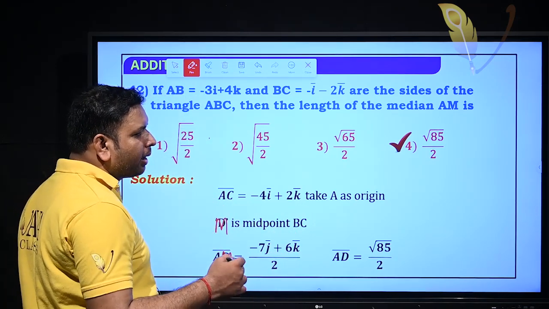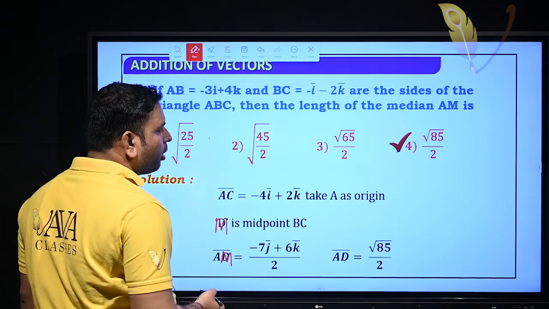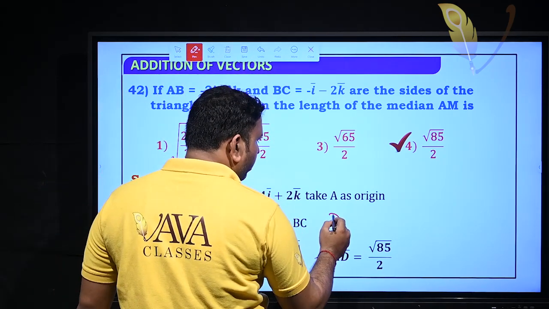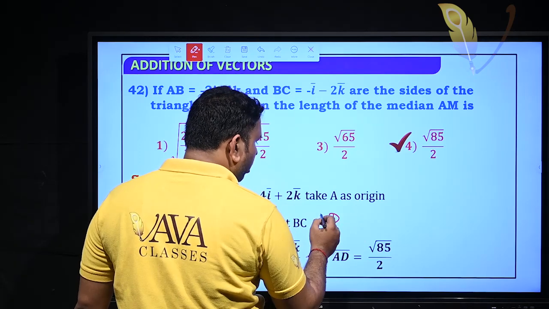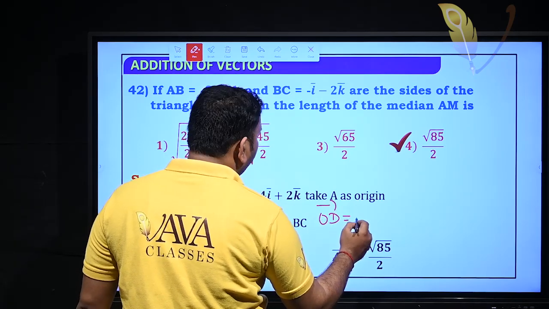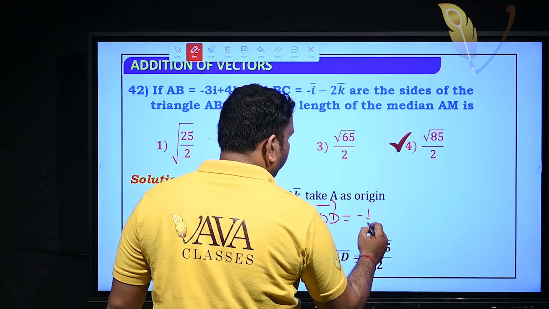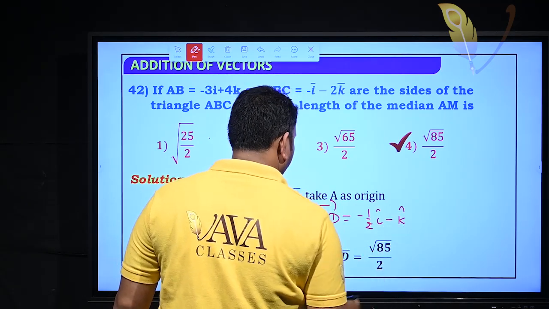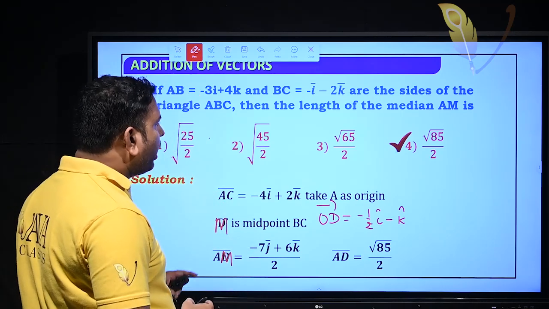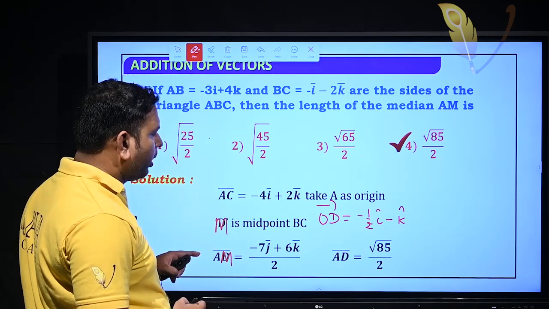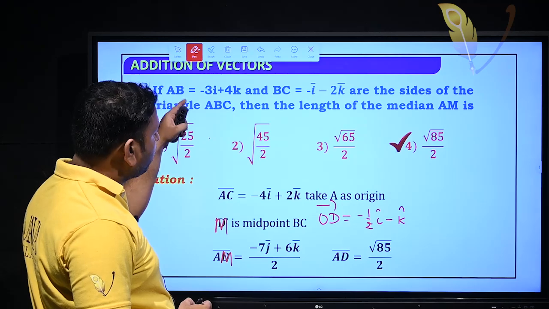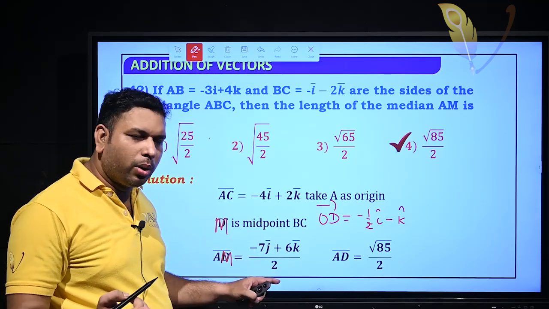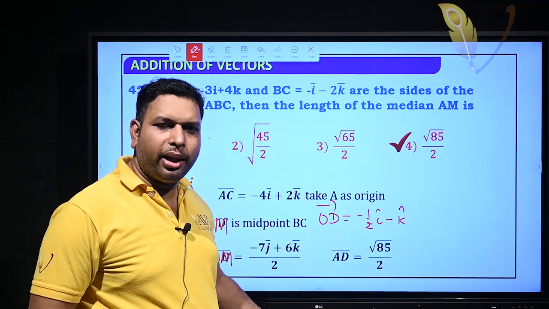So D is the midpoint of BC, and the OD vector is minus 1 by 2 i cap minus k cap. Okay. So AM will be (minus 7i cap plus 6k cap) by 2. The length is root 85 by 2.